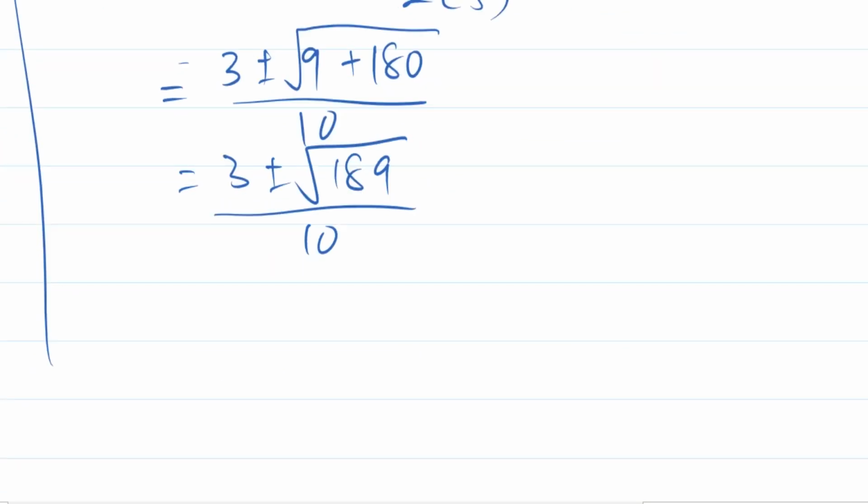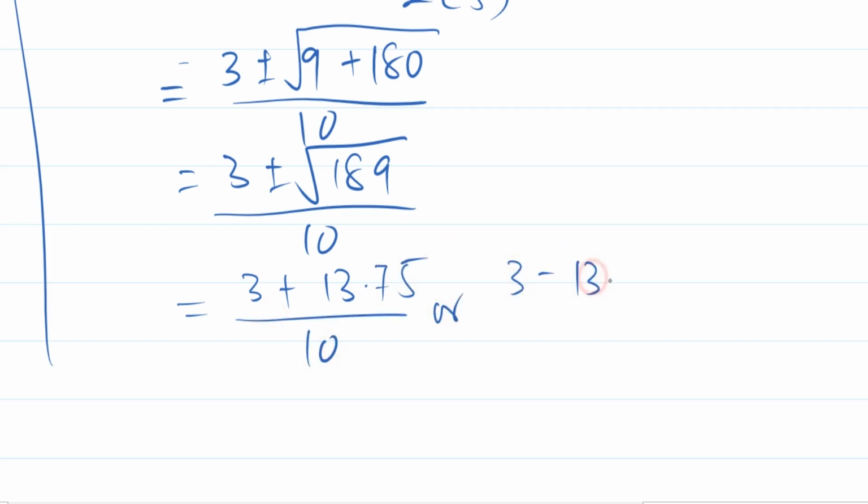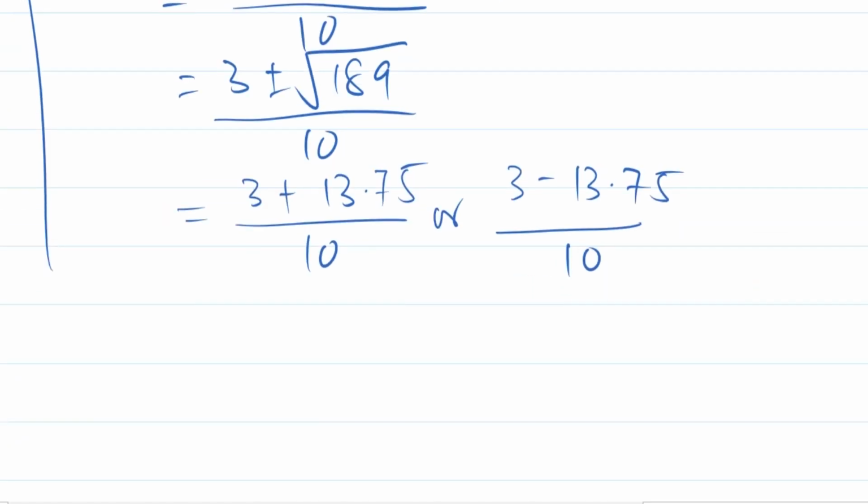The square root of 189 was 13.75. So that will be 3 plus 13.75 over 10, or 3 minus 13.75 over 10, that is 16.75 over 10, or minus 10.75 over 10.